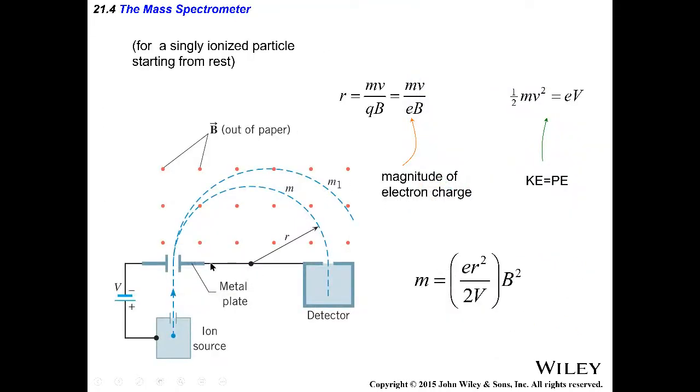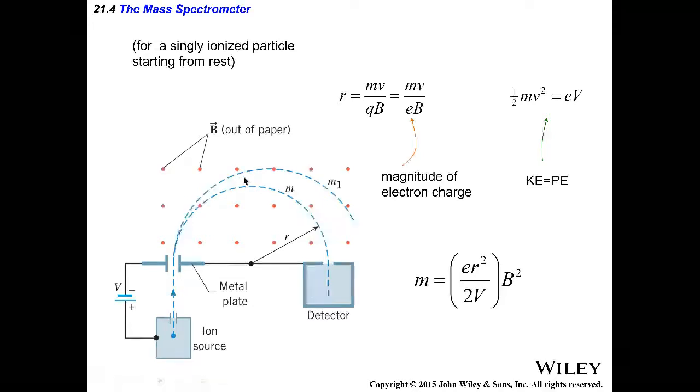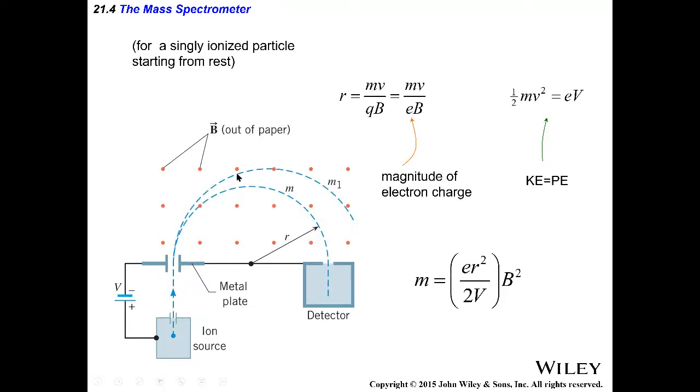Okay, this is now another application of this thing about a magnetic field that is out of the paper, and this time instead of X it is a dot, because the arrow pointing towards you, they represent it as a dot.